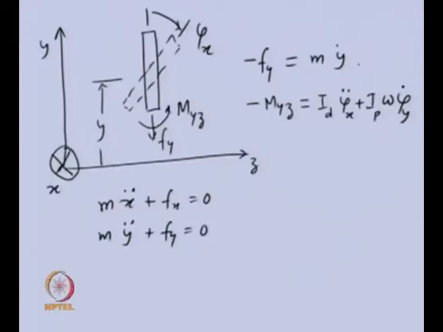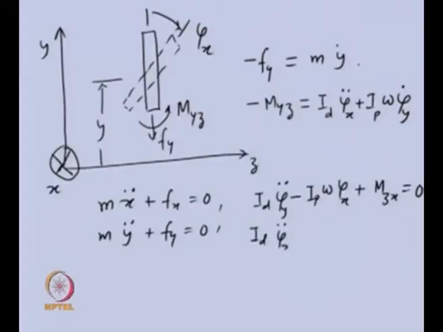Similarly, from the moment balance we have Id phi double dot y minus Ip omega phi x plus mzx is equal to 0, the previous equation, and then we have the 4th equation, plus myz is equal to 0.